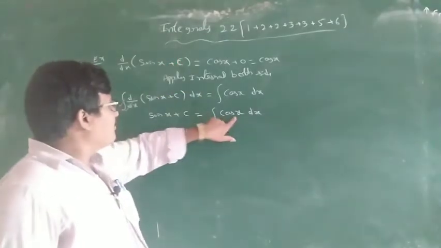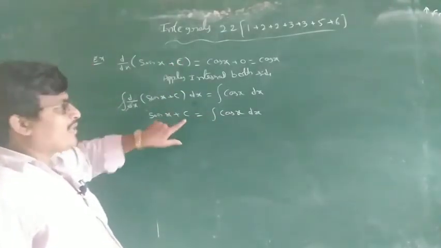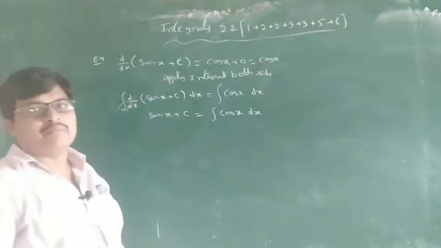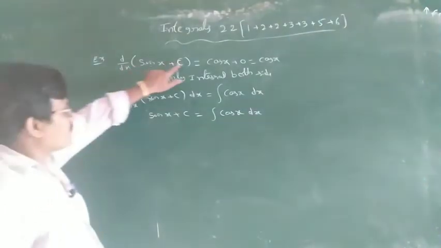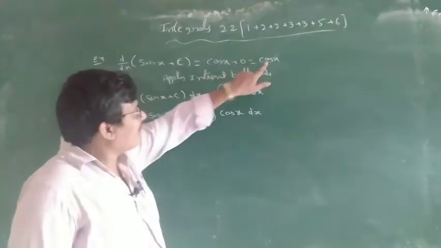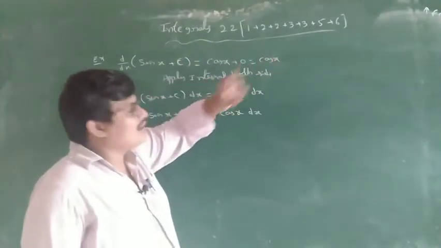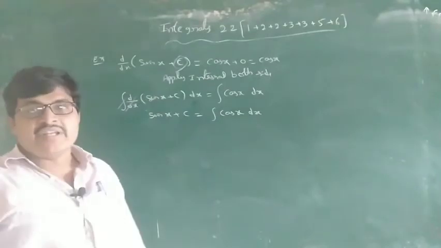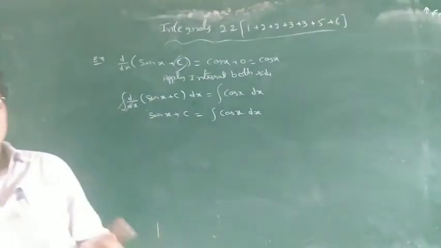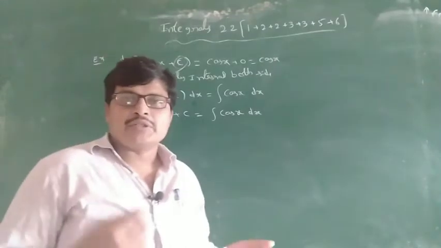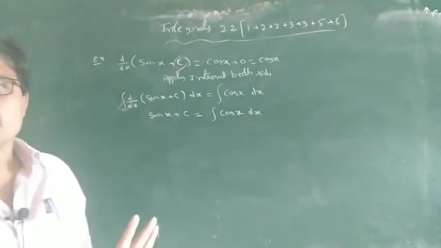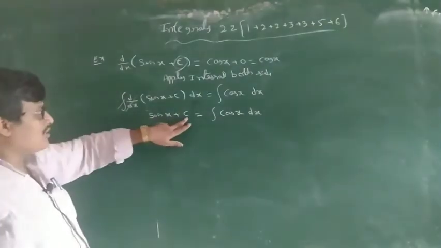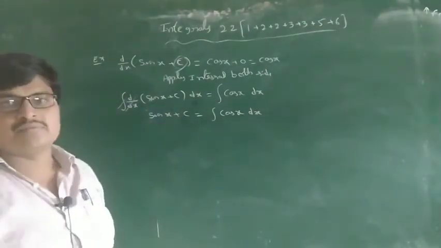That's why plus c is compulsory in the integrated answer. C is any constant: 1, 2, 3, minus, plus, a fraction, 100, 1000 or any. That's why every integration answer has plus c.